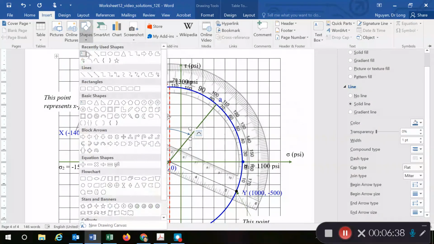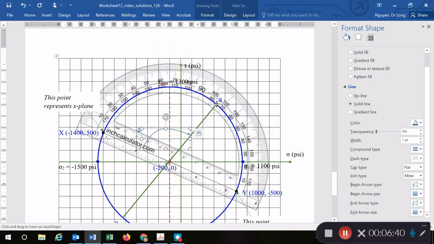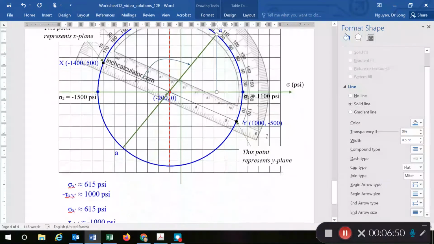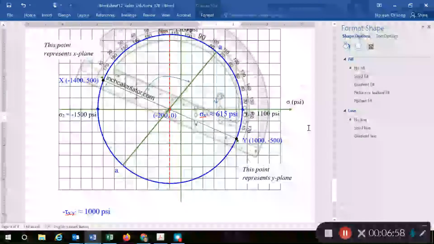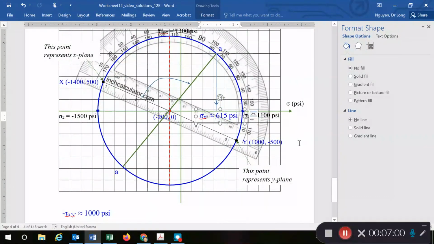Whatever you read on the vertical line from that intersection point going down is sigma x apostrophe, and that happens to be equal to 615 psi.